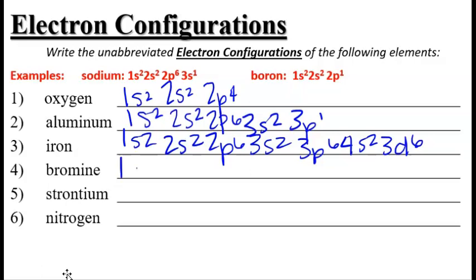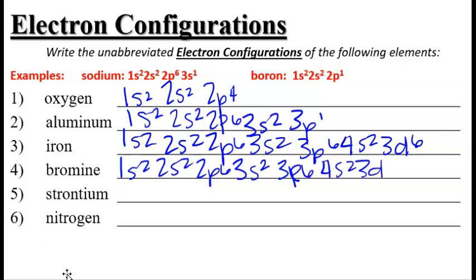Bromine is going to be 1s2, 2s2, 2p6, 3s2, 3p6. Start back over to 4s2, 3d10, and 4p5. Don't forget, you go from 4s2 to 3d10 to 4p5.